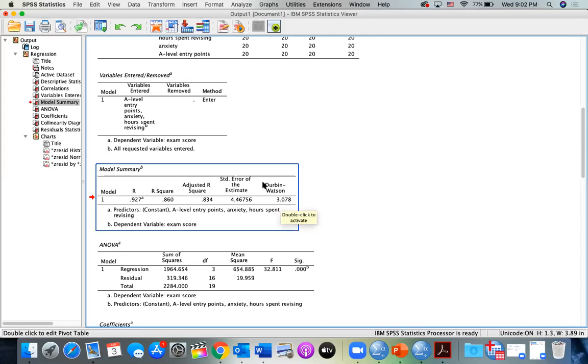However, I will say from my perspective that there is a violation of the autocorrelation assumption. And we can say that the residuals are dependent. So the independent errors assumption is violated from my perspective.